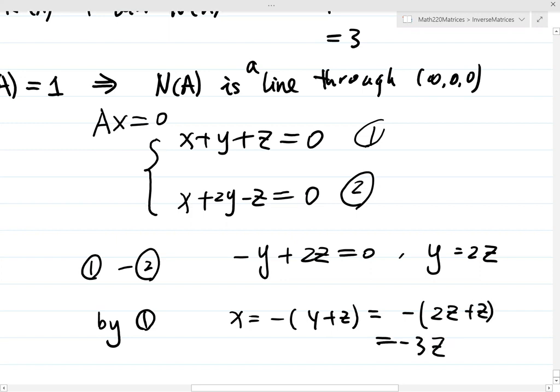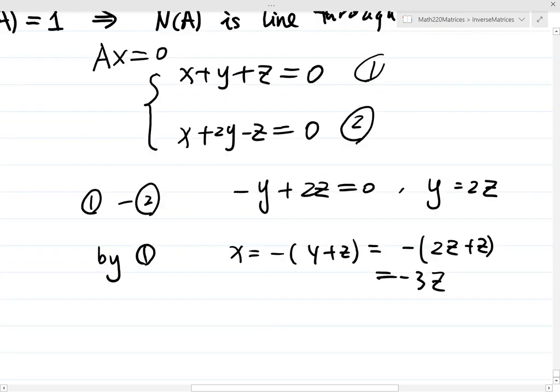If we choose z as a parameter, then the general solution, the null space, is of the form x, y, z, where x is negative 3z, y is 2z, and z is z.